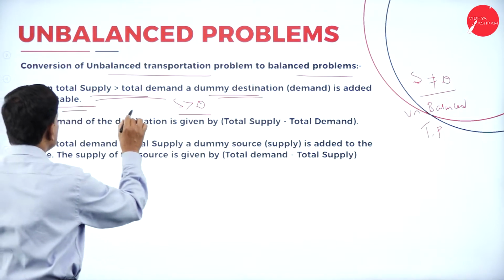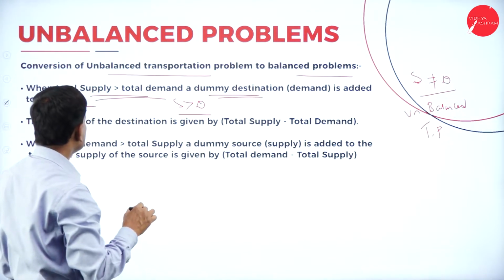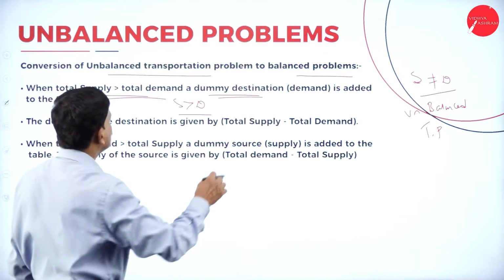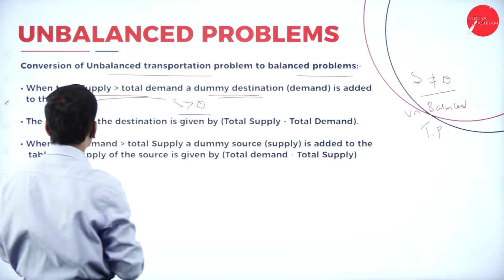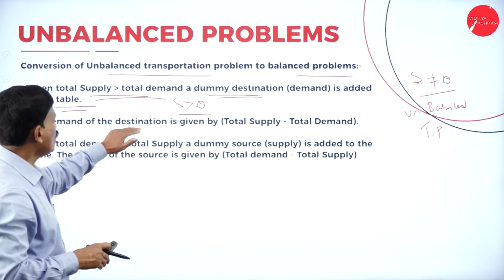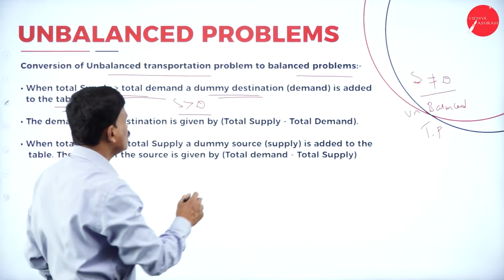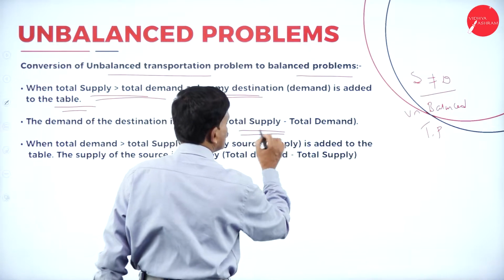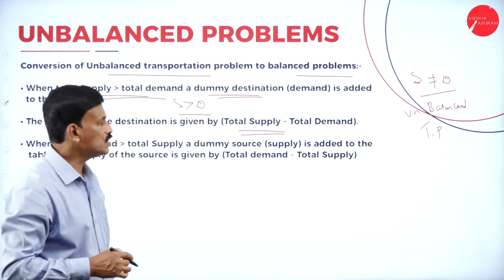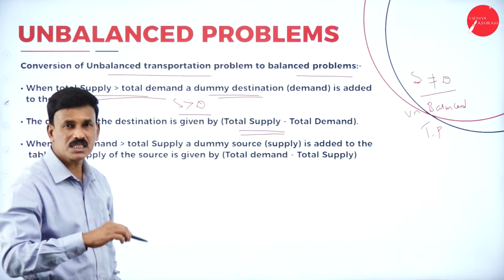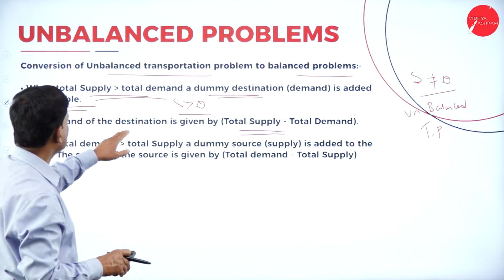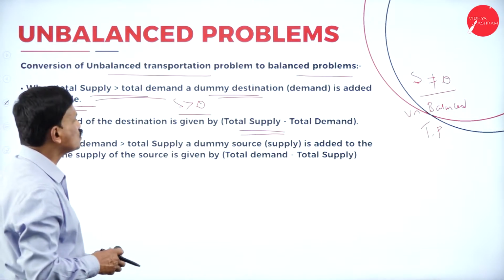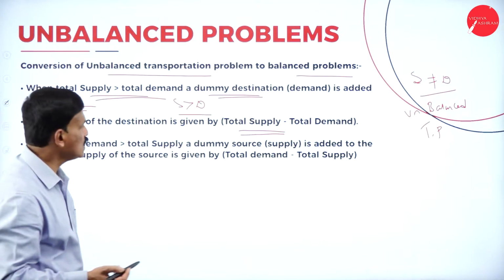So when the total supply is greater than the total demand, a dummy destination is added to the table. The demand of the dummy destination is given by the total supply minus the total demand. So here the difference between the total supply and the total demand is to be taken.